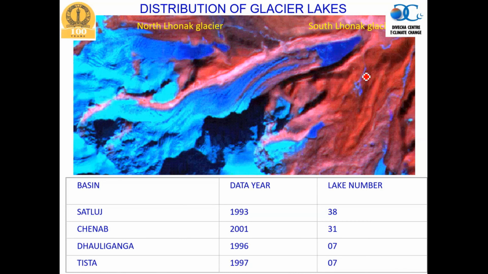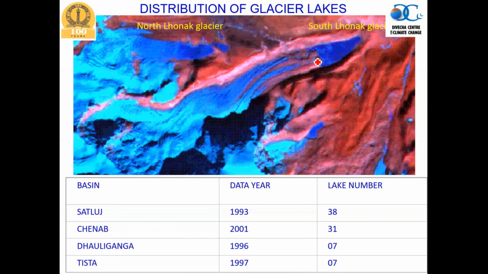So when it comes to the Himalayas, we have a lot of glacier lakes, and this is one of the old ones. You can use satellite images to do that, and probably you have done the exercise on NDSI.